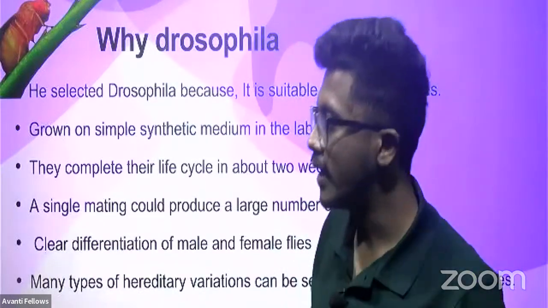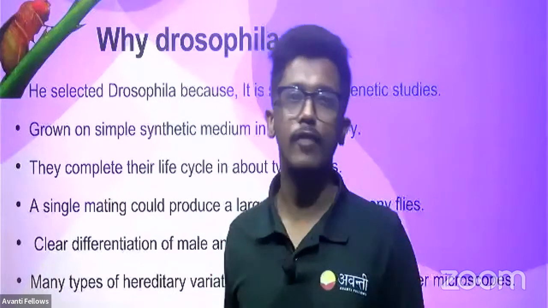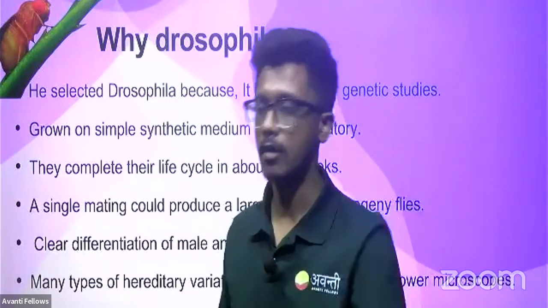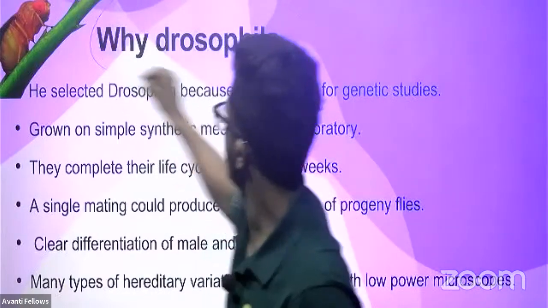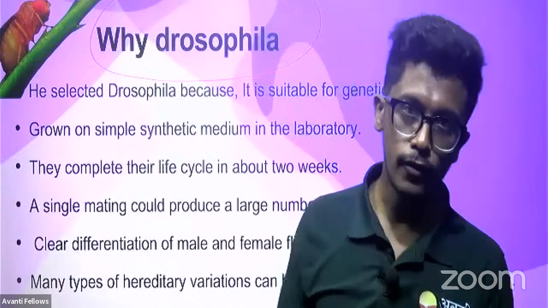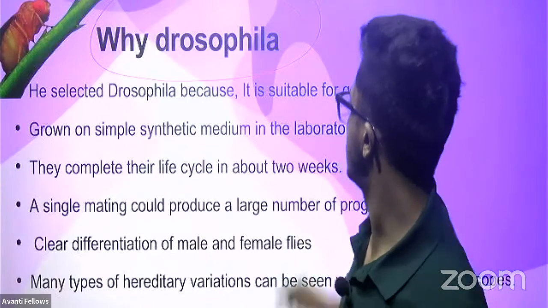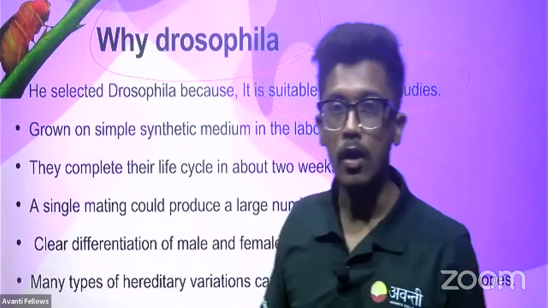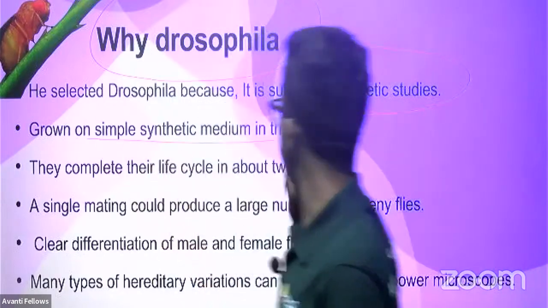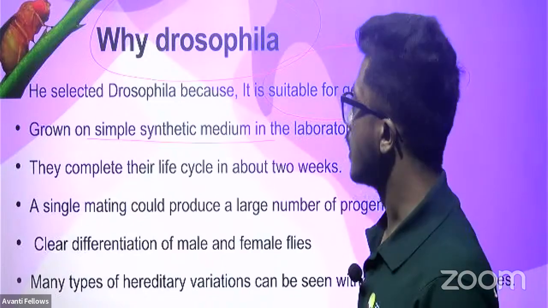Okay, so today we wasted a lot of time, guys. That's why I have to rush a little bit and start with today's topic. I asked you why Drosophila. Drosophila was chosen for several reasons, because it is suitable for genetic studies in a very efficient manner. It can be grown in a very simple synthetic medium in laboratory conditions, correct?